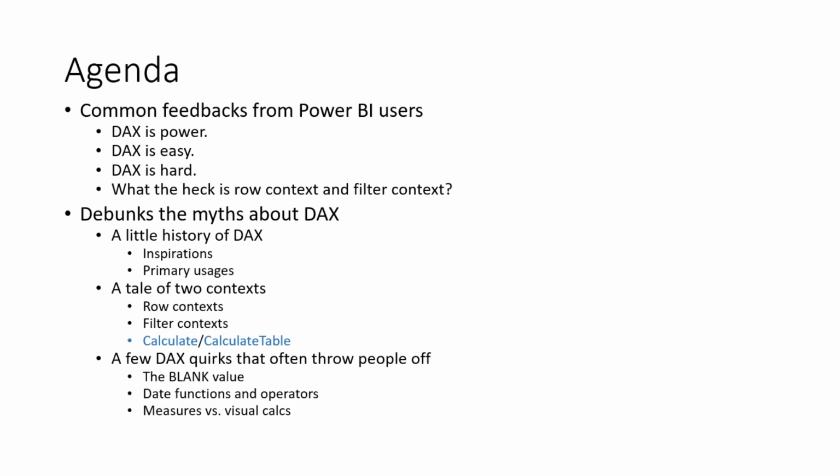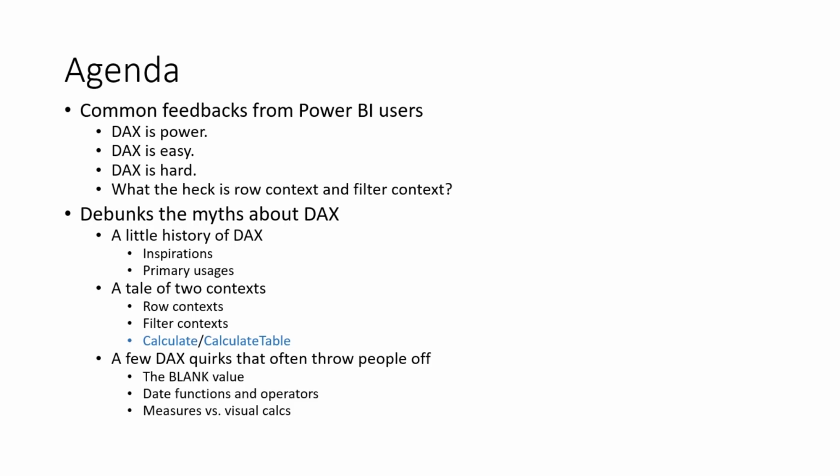When you do the simple and easy things, the beginning things, DAX is actually pretty easy to learn. But once you move beyond the beginner's phase, trying to do some serious analytics and calculations, you will hit a wall. Some people have heard about the abstract concepts like row context and filter context. What are they?